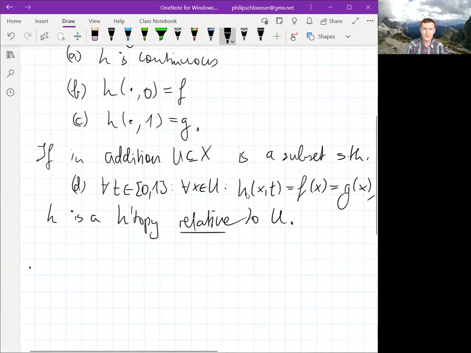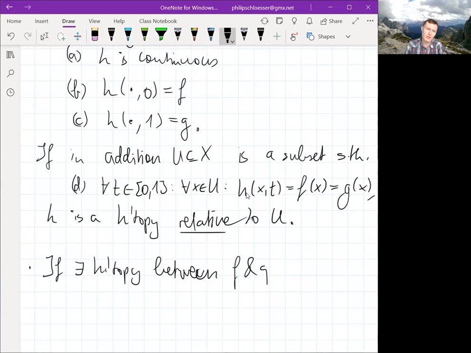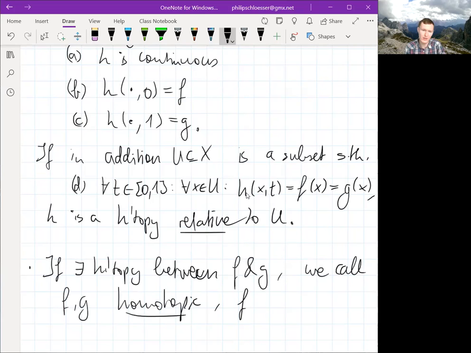Okay, so if there is a homotopy between two maps, between f and g, we call f and g homotopic, and denote this by the symbol \simeq.